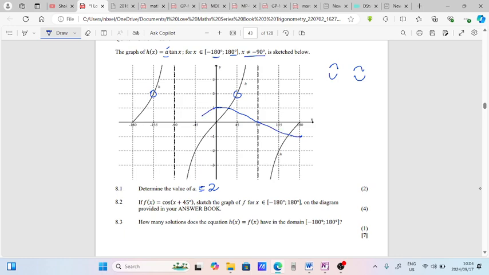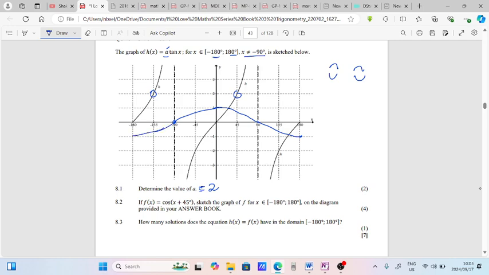Remember the original graph scale is 90 again. From there, it will be 90 degrees. From here, it will be 90 degrees. From there, we have this one. And then from there, it will go to 180 degrees.